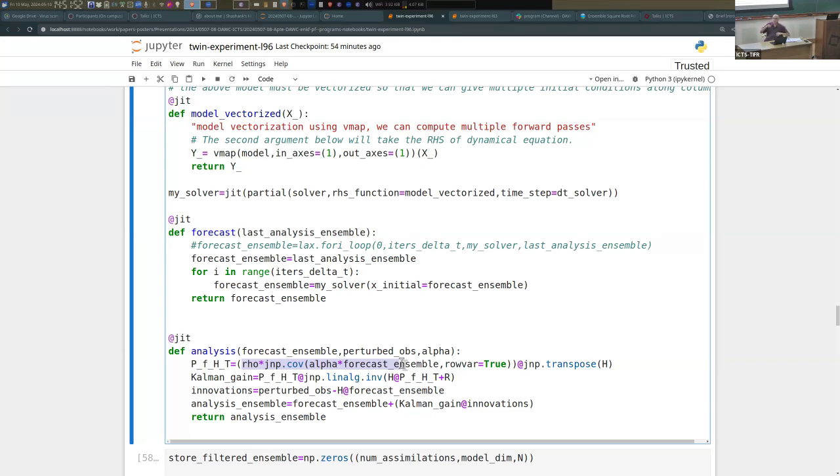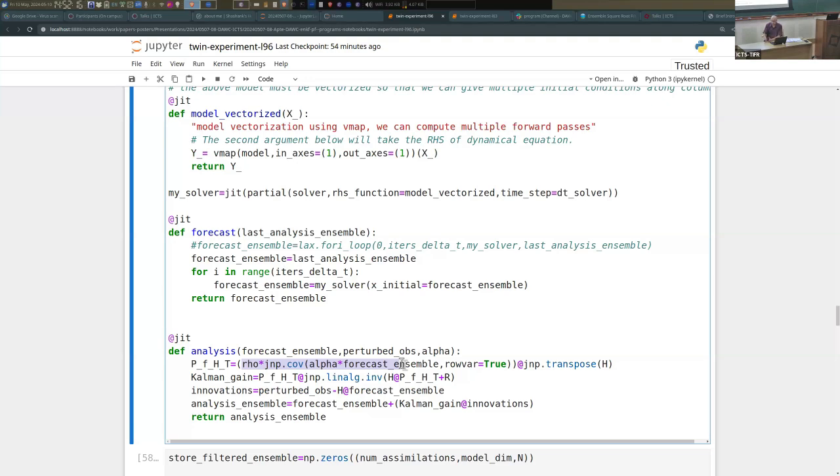Localization is trying to set to zero elements of the correlation matrix which you expect to be zero and which happen to be non-zero because of small ensemble size. You see that these two are exactly the opposite in some sense. This is structured. The structure is given by your physical understanding of the system.